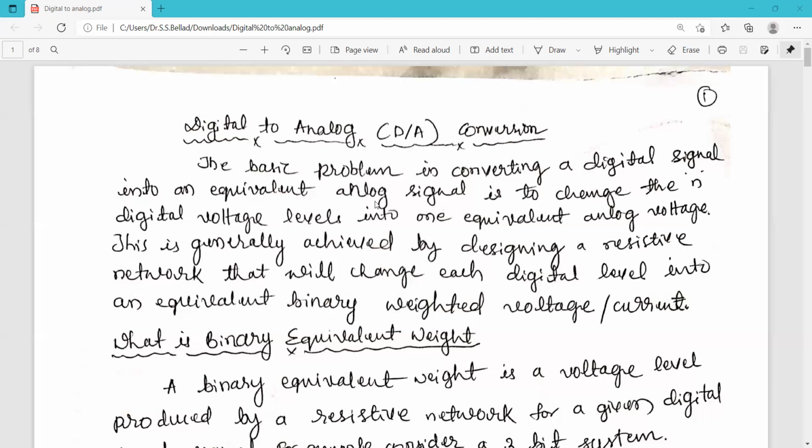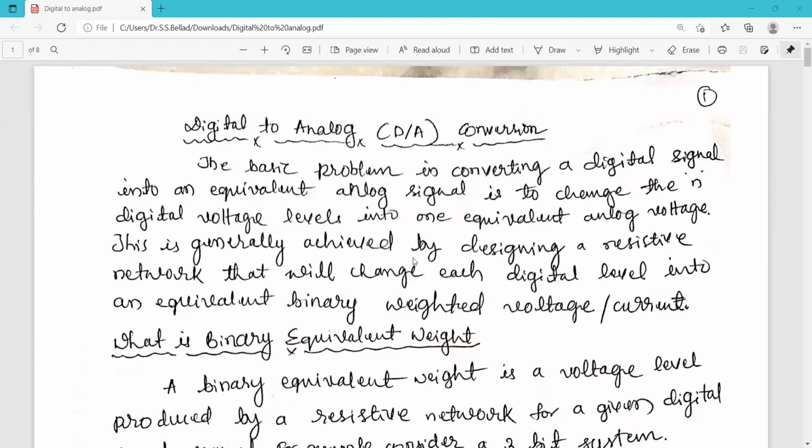The n number of digital voltage levels are fed to one circuit, and that converts all the digital signals into one equivalent analog voltage. So this process is called digital to analog conversion.